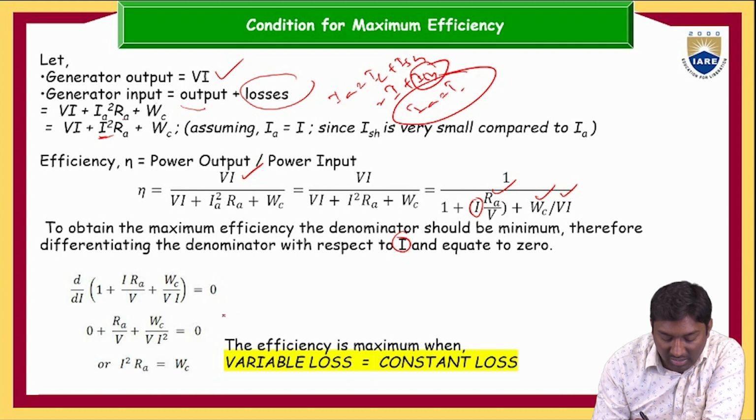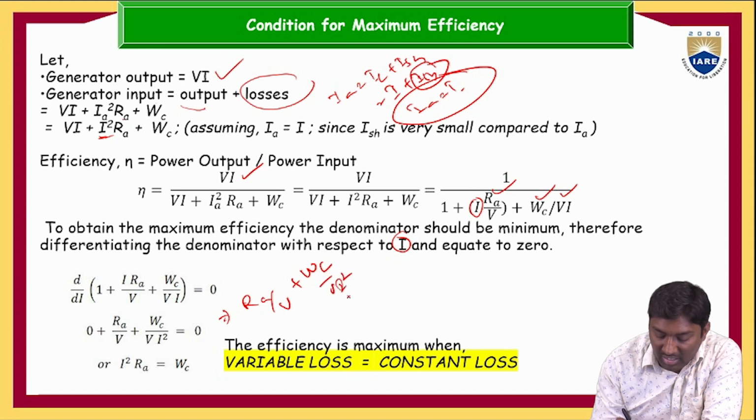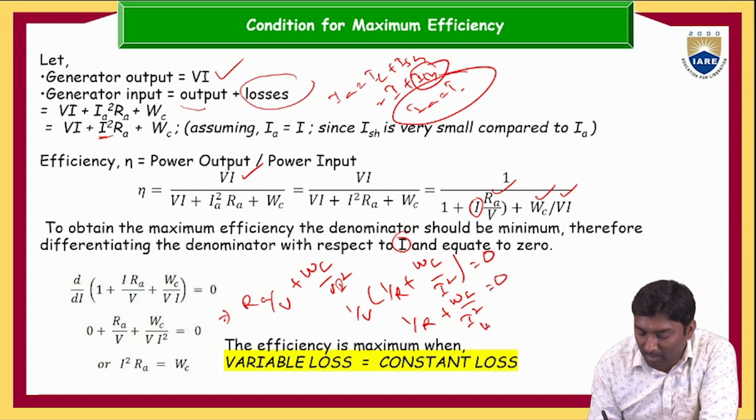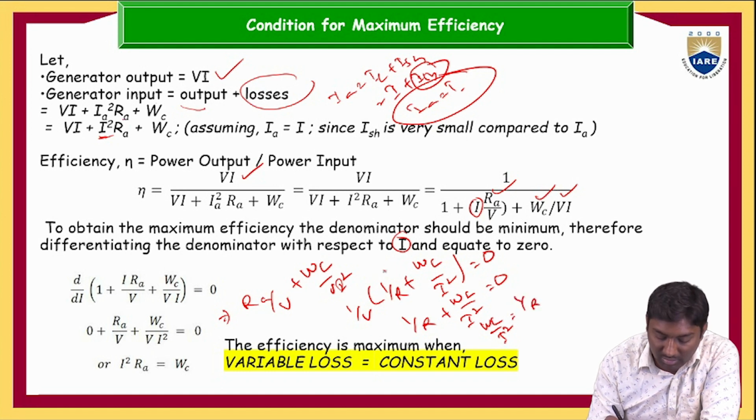Simplifying this equation, Ra by V minus Wc by VI square is equal to 0. Taking 1 by V as common, I get Ra minus Wc by I square is equal to 0. Sorry, it is not 1 by R, it is Ra.